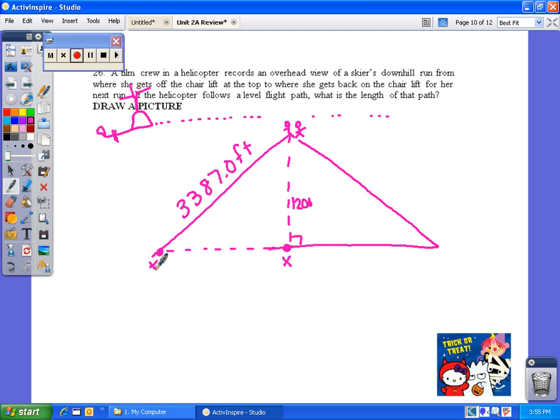So we know all of this information already. We could probably do SOHCAHTOA, or we could do the Pythagorean theorem. Because we know this information, we'd get the same answer either way. So let's do the Pythagorean theorem just to see. The Pythagorean theorem would say 1200 squared plus x squared equals 3,387 squared, because it has 0.0. Okay, let's work that out.